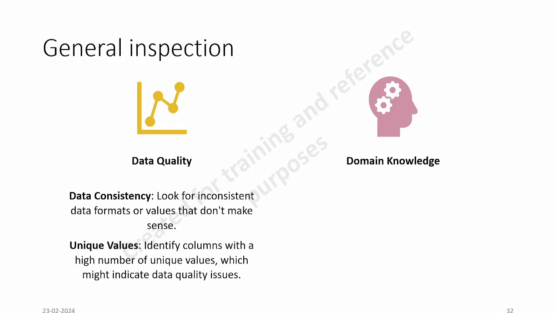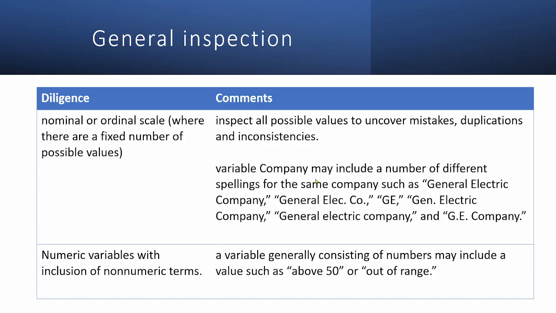Domain knowledge is quite important. As we discussed the nominal and ordinal scale, for example, let's say you are expecting the value to be GE in a particular column, but you have similar representations in the rest of the other places, and this is not acceptable.